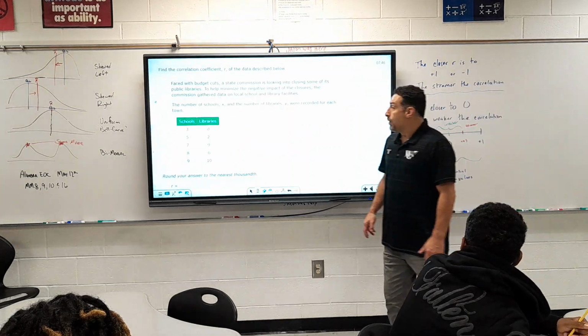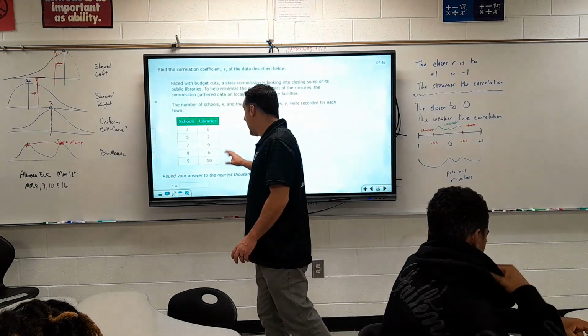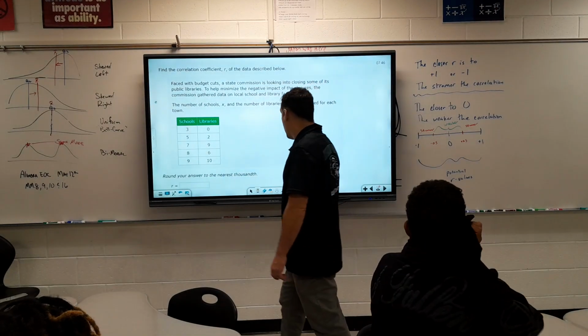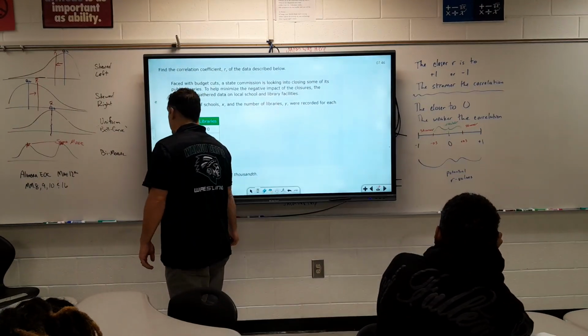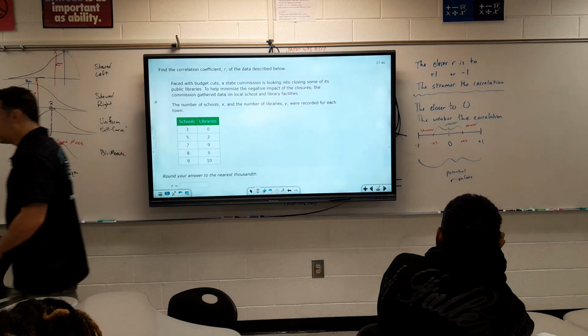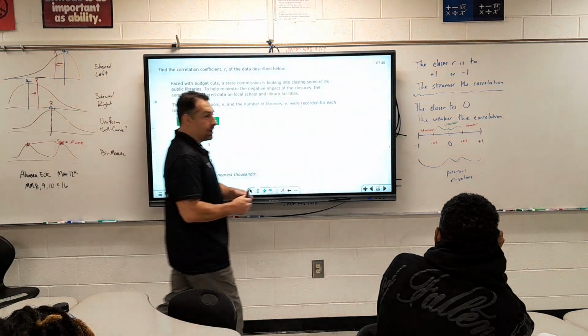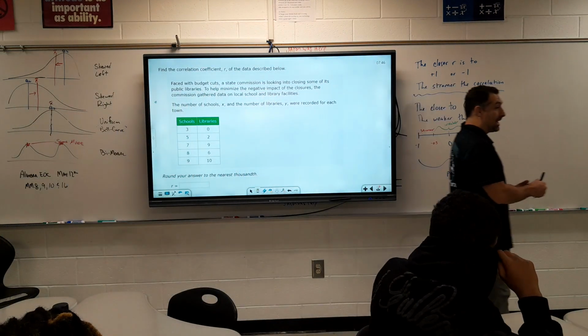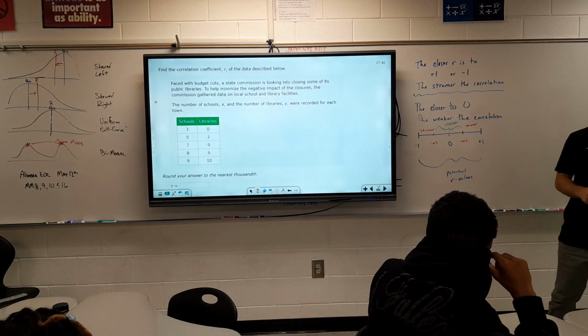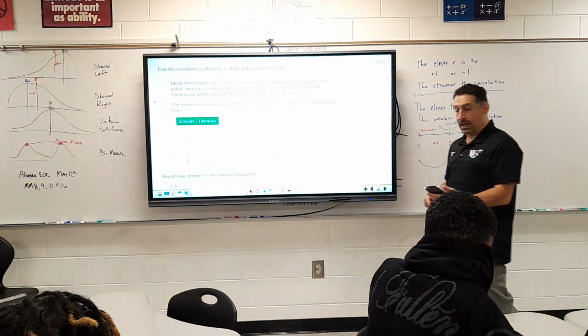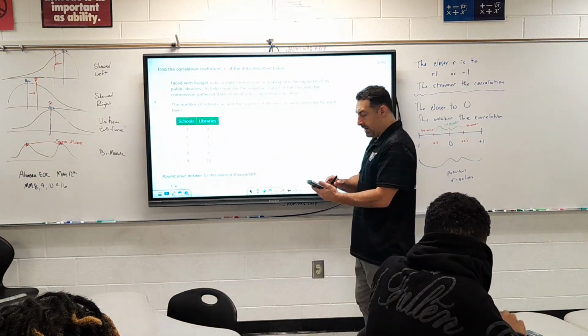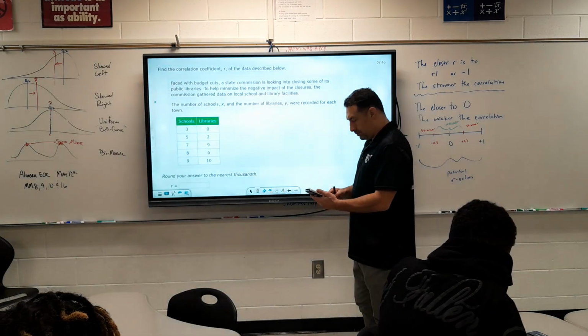So first thing we're doing is we're just going to go ahead and calculate the correlation coefficient. Here are the directions. Let me get my calculator as well. Everybody got your calculator out? Turn them on. Just run through a rendition with me to make sure you guys got this. It's kind of easy. It's going to be the same thing all day. First thing, there's probably some data in there, so you're going to go data, data, clear.